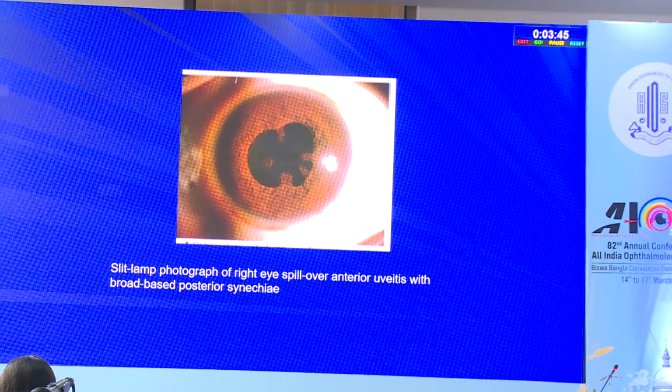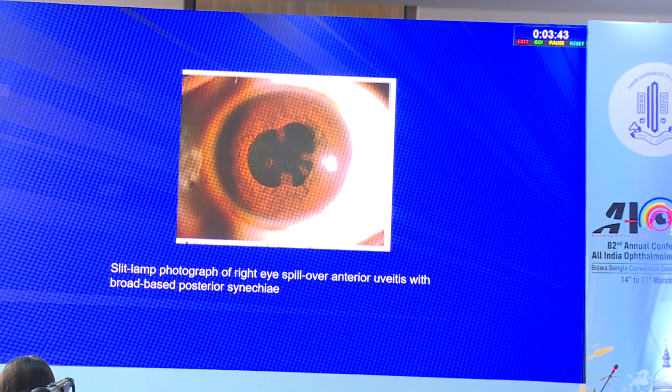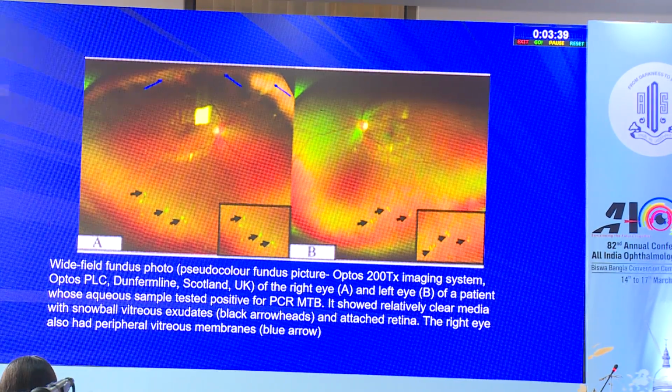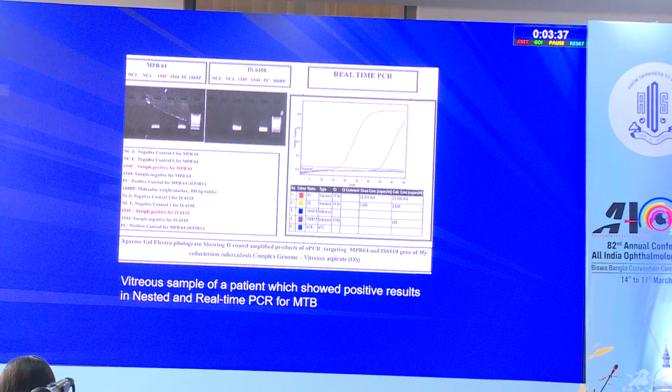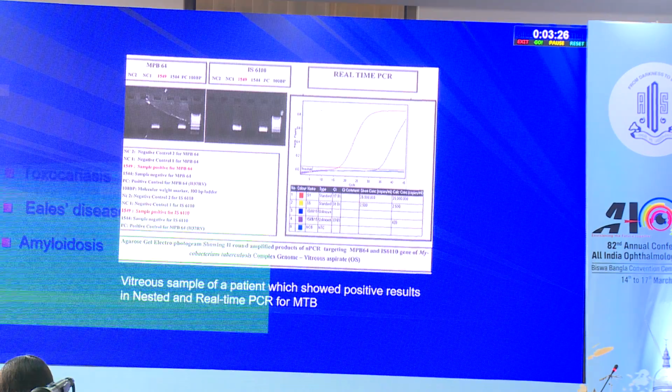And this is one of the examples: granulomatous uveitis with broad posterior synechiae, and there were vitreous exudates and cells. These patients had undergone vitrectomy for diagnostic reasons, and the vitreous aspirate on real-time PCR and nested PCR was positive for Mycobacterium tuberculosis DNA.